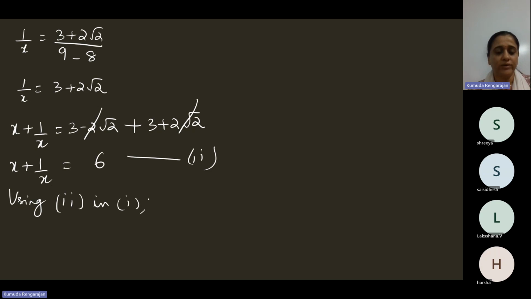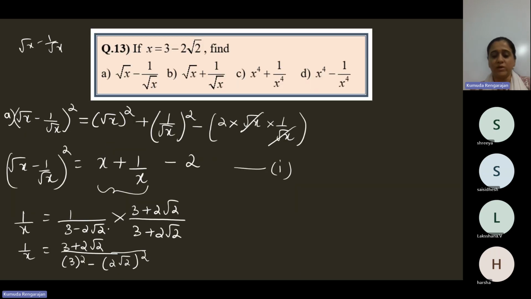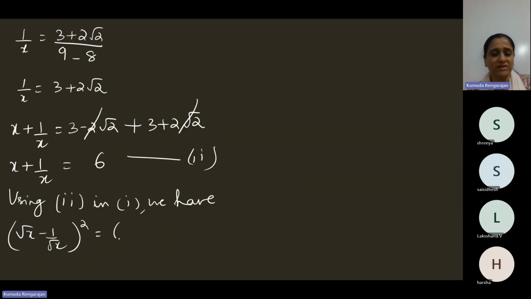In 1 we have root x minus 1 by root x the whole square is equal to, what do we have? x plus 1 by x. And what's the value of x plus 1 by x? 6. Minus 2. So minus 2.